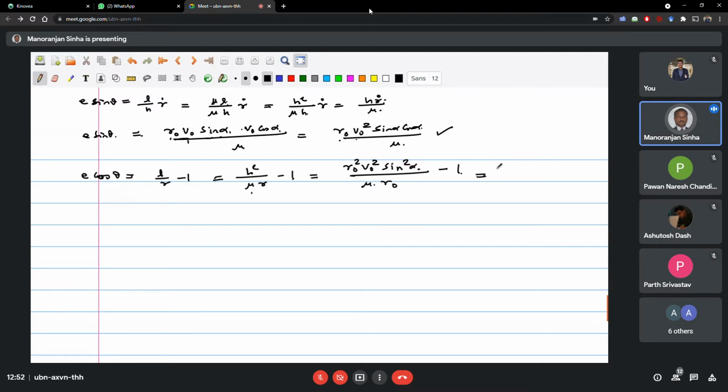R0 will cancel out, and this gives us R0 V0 square. So use these two expressions to determine E, simply by squaring and adding.